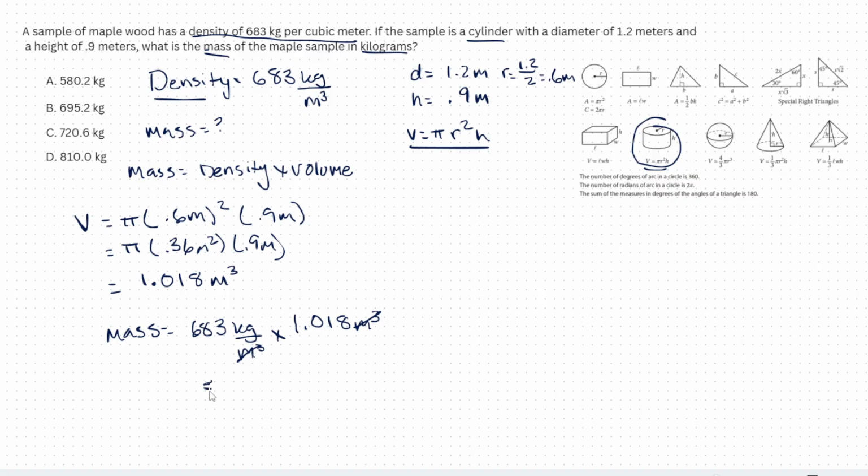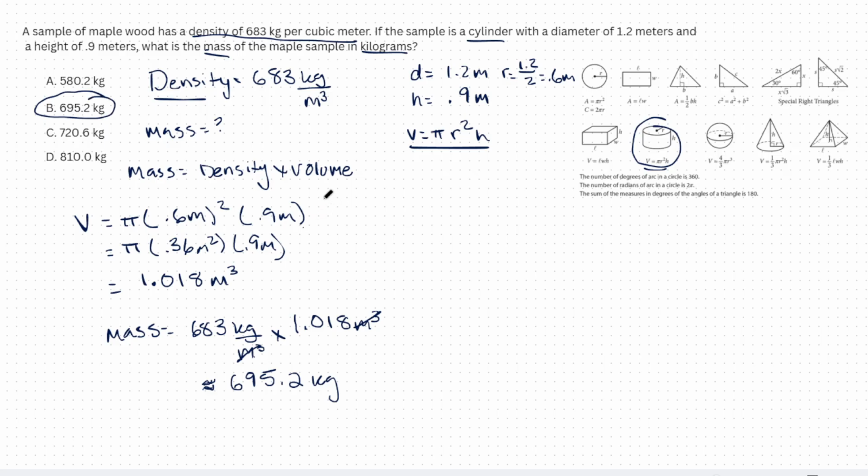We'll get an answer of approximately 695.2 kilograms. The rounding depends on what you did for your pi value and significant figures. So we get our answer of 695.2 kilograms, which is B, and that's our final answer.